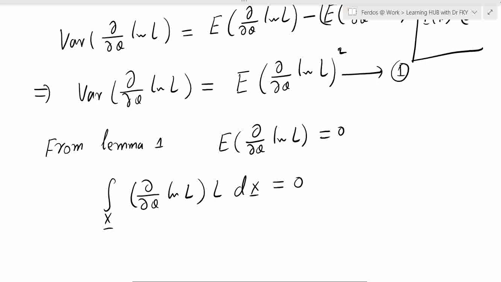Remember, I'm just going one step back. This is equal to this quantity times the distribution, that is the joint distribution or the likelihood.